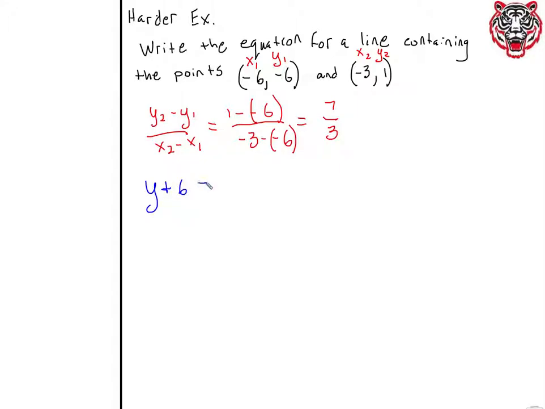Y plus 6 equals 7 thirds times x plus 6. But the point that we're using is negative 6 comma negative 6. And notice how both the negatives turn into a plus. You kind of take the opposite of what you're asking for. And it doesn't matter if you use this point or the other point. Both of them will still come out the same.